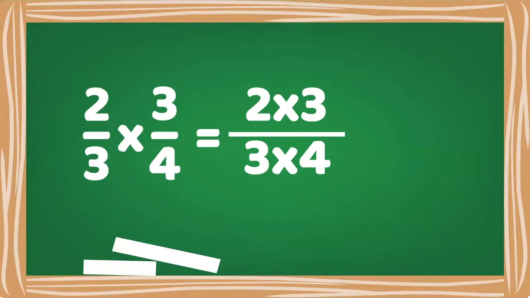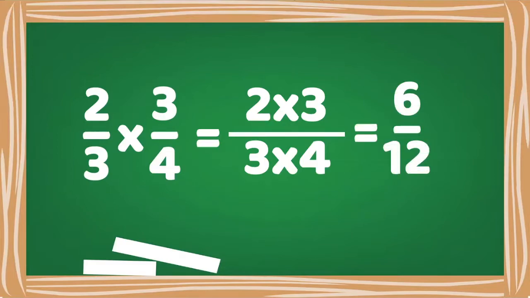This makes our problem much easier to solve. We can go ahead by multiplying the top numbers. 2 times 3 equals 6. Then, the bottom numbers, 3 times 4 equals 12. After we do that, we now have a fraction which is equal to 6 over 12.